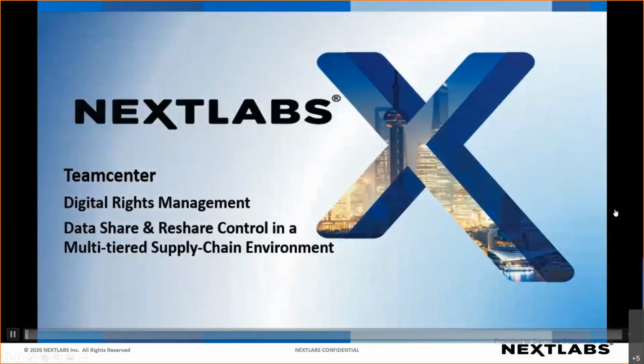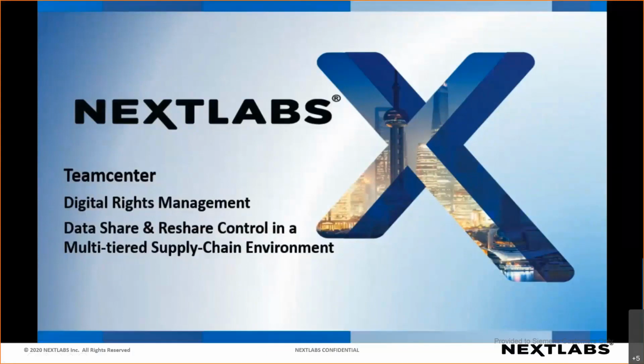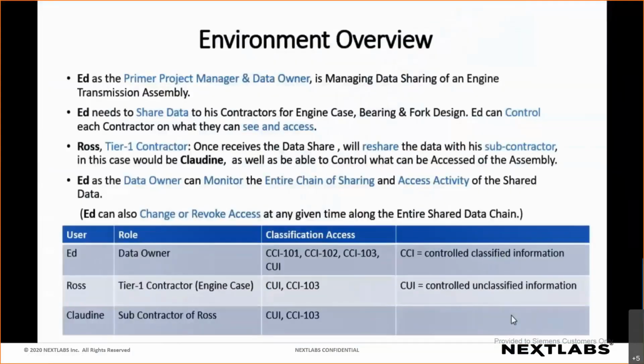So let's start up this demo here to take a look at this scenario with the data share and reshare. So here we have Ed, he's the project owner. We have Ross, who's a tier 1 contractor, and we have Claudine, who's a subcontractor of Ross's.